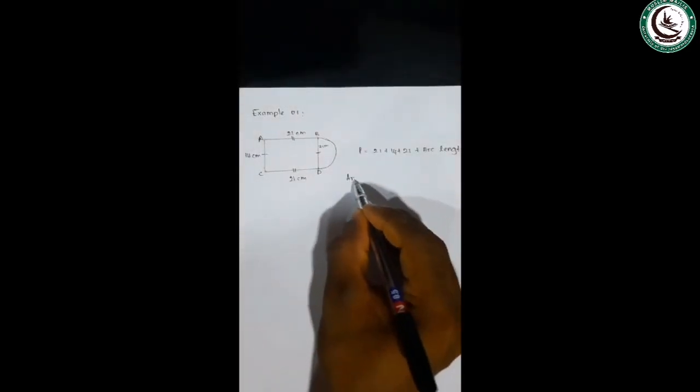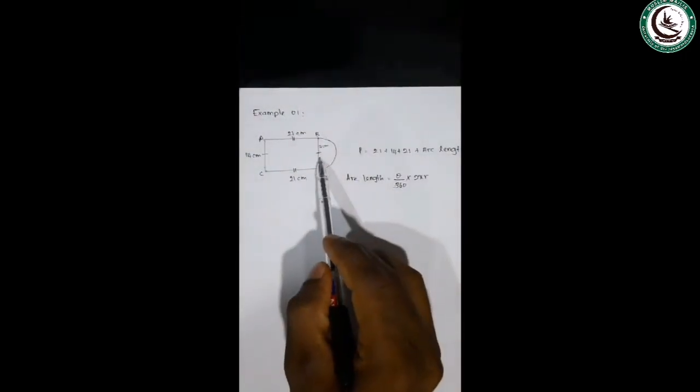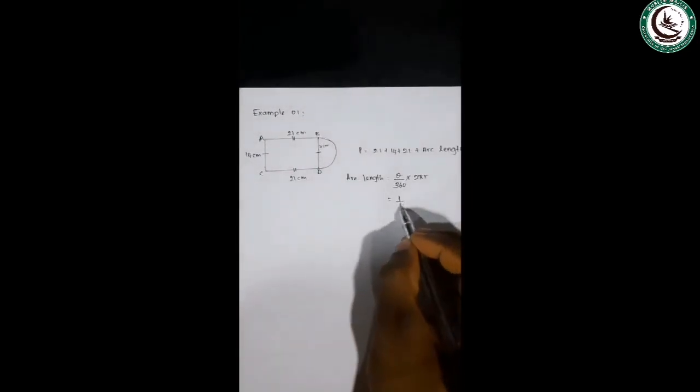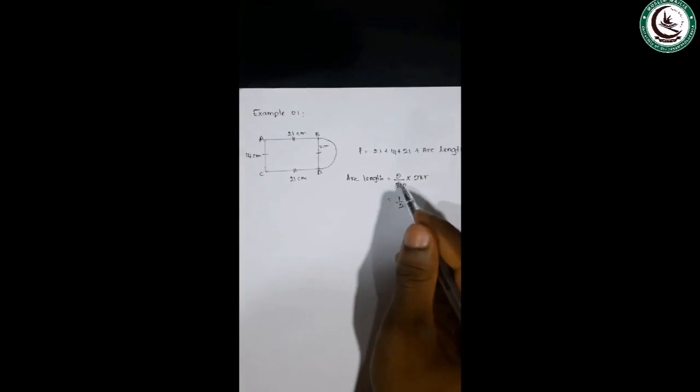We know to find any of the arc length, that is theta over 360 degree into 2 pi r. This is a semicircle, so this would be 180 degree, and as the question suggests, it is semicircle, half the circle, then it would be half, or else 180 over 360, that would be half into 2 pi r.